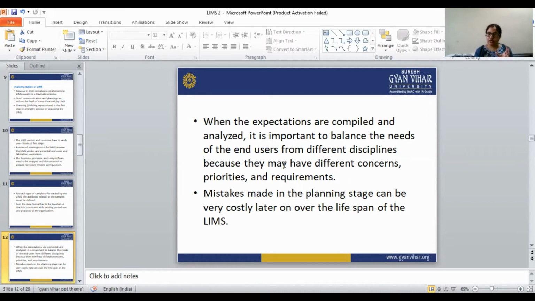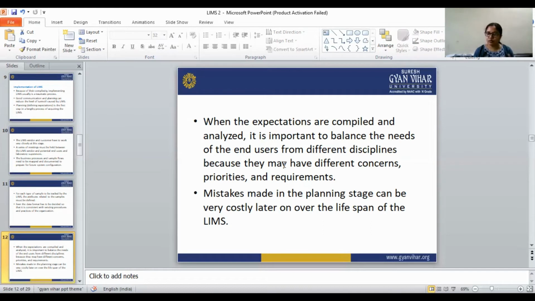In a particular laboratory, there are different discipline areas. So it is very important to meet all the needs of the different disciplines of the laboratory. The vendor is responsible for all the needs of the end users. They have to do everything as per the expectation of the customer side.